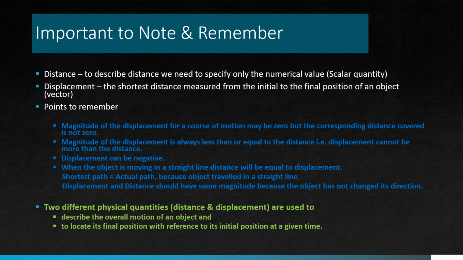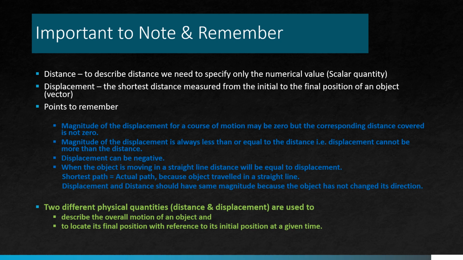If the initial position coincides with the final position, in that case displacement would be 0, but the corresponding path covered would not be 0. Second is that the magnitude of displacement will always be less than or equal to the distance covered, but would not be more than the distance covered, right? Because it is the shortest distance between the initial and the final point, it can be equal to the distance covered, but would never be greater than the distance covered.